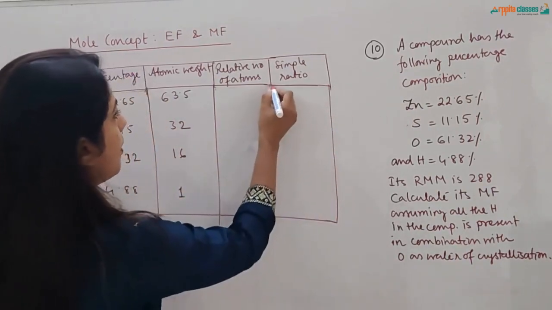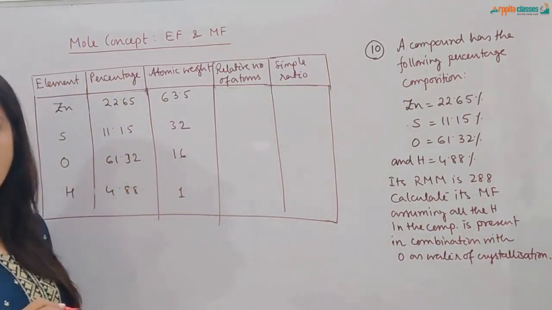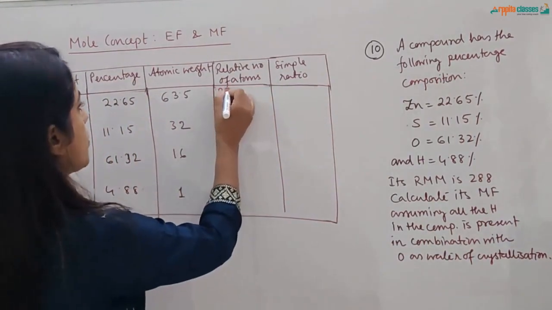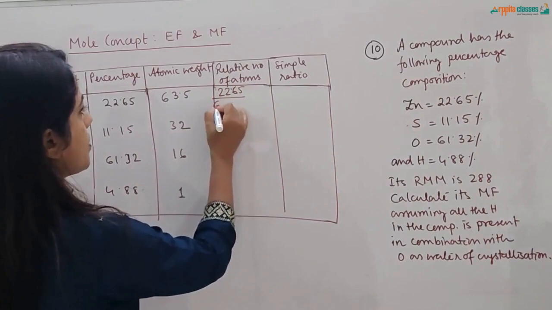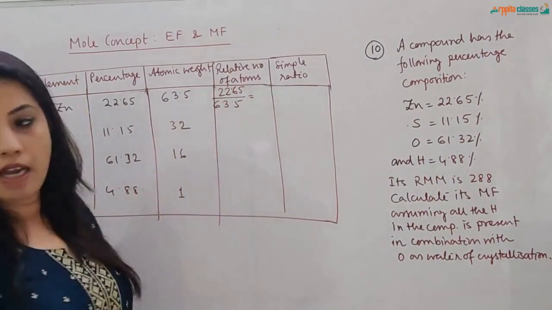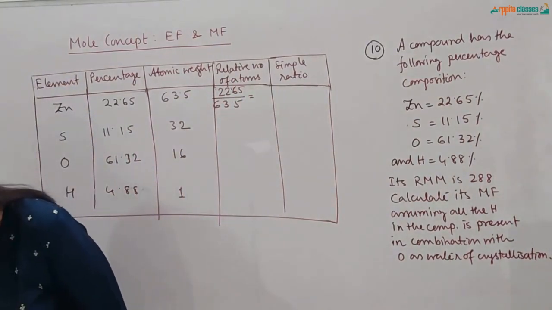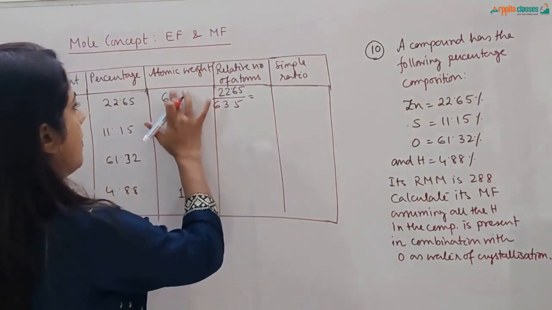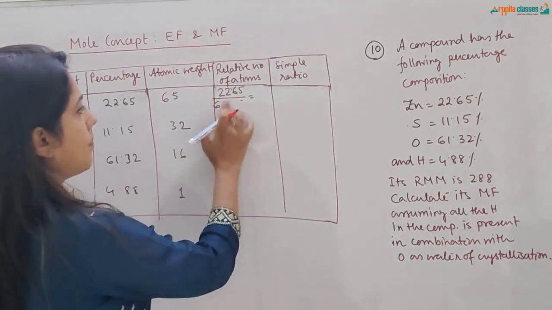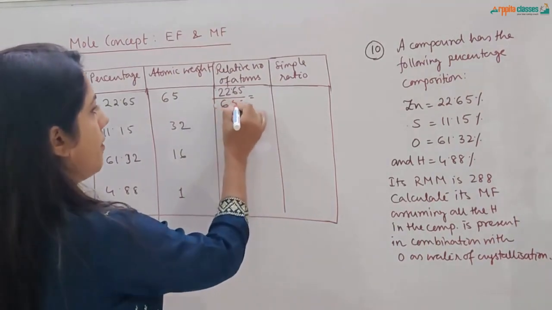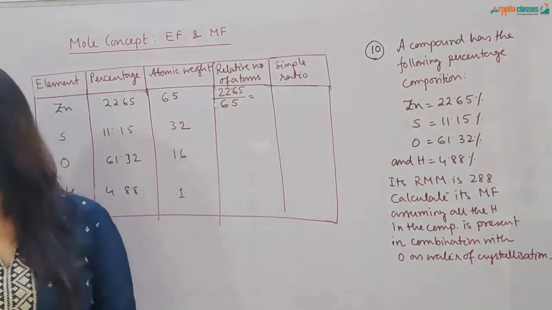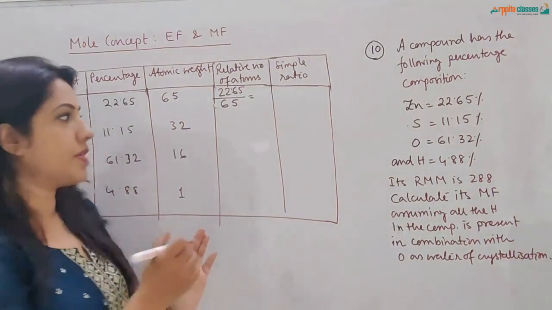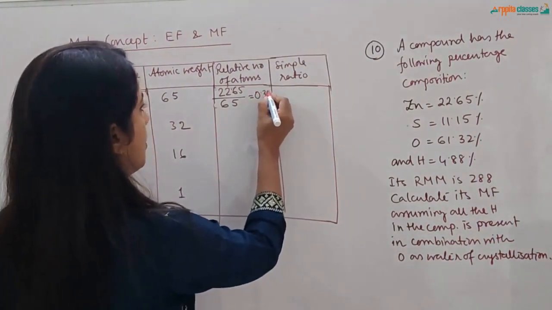Now the relative number of atoms, so we will divide the percentage by the atomic weight. It is 22.65 upon 63.5, and this value comes 0.35. Sorry, zinc is 65, not 63.5, it comes after copper. So it is 65, and 22.65 upon 65 is 0.35.